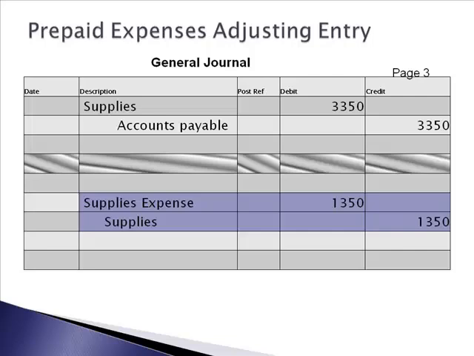Here we see both the initial journal entry at the top to record the purchase of the supplies, and at the bottom we see the adjusting entry to reduce the amount of supplies that have been used, giving us a balance of $2,000 after we record both of these transactions, a debit of $3,350 to supplies and a credit of $1,350 to supplies.